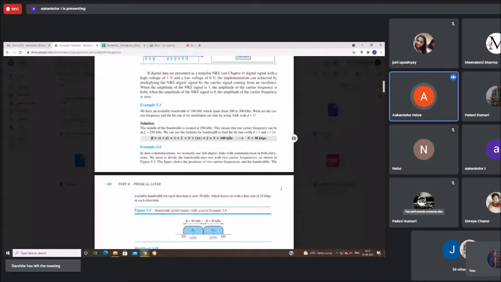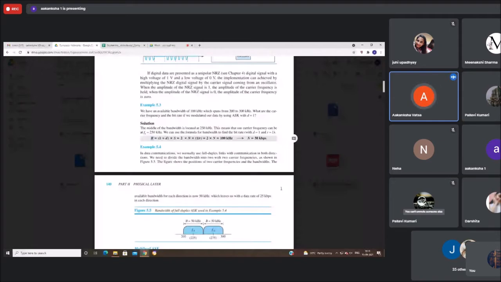The FC1 will be located at the mid of 200 to 250 kilohertz. This is for the up channel. And FC2 will be located at the mid of the 250 to 300 kilohertz channel. The middle of 200 to 250 will be 225, so FC1 will be 225 kilohertz. And FC2 for the down channel will be between 250 and 300, that is 275 kilohertz. So this is one of the examples of full duplex transmission.